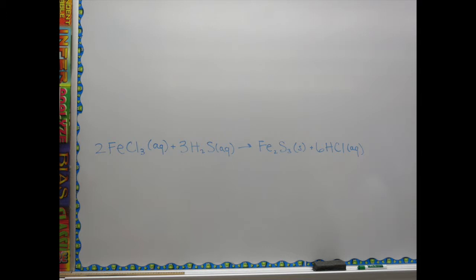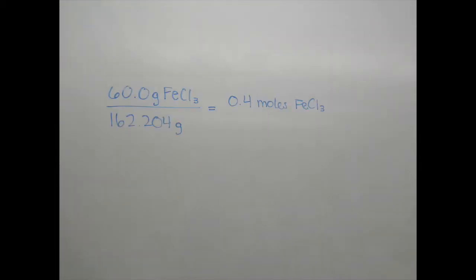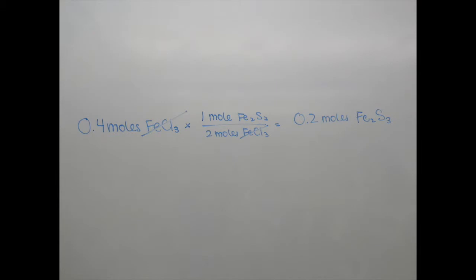Then you want to find the molar mass of FeCl3 and use it to calculate the number of moles of FeCl3 in your 60 grams. Got it? The number of moles is found to be 0.4 moles. Using the mole ratio, convert the number of moles of FeCl3 to moles of Fe2S3, which turns out to be 0.2 moles.